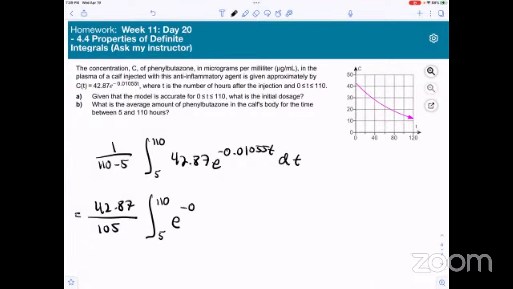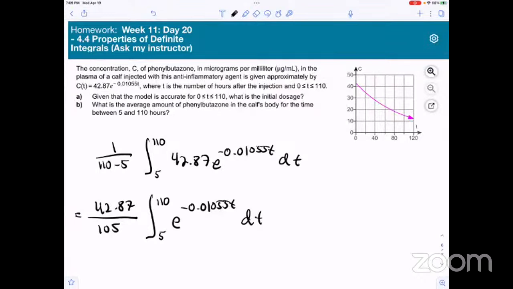So the integral of e is itself. I think we need to say divided by that coefficient, right?